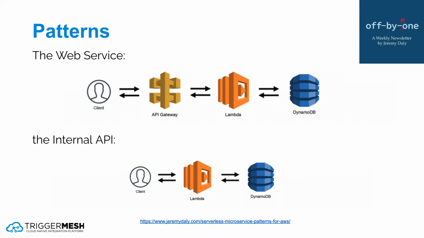Behind that API gateway, depending on the route that you hit, you execute a Lambda function. Maybe that Lambda function needs to store some data, so it connects to DynamoDB. That's the typical web services pattern that you can implement in AWS.